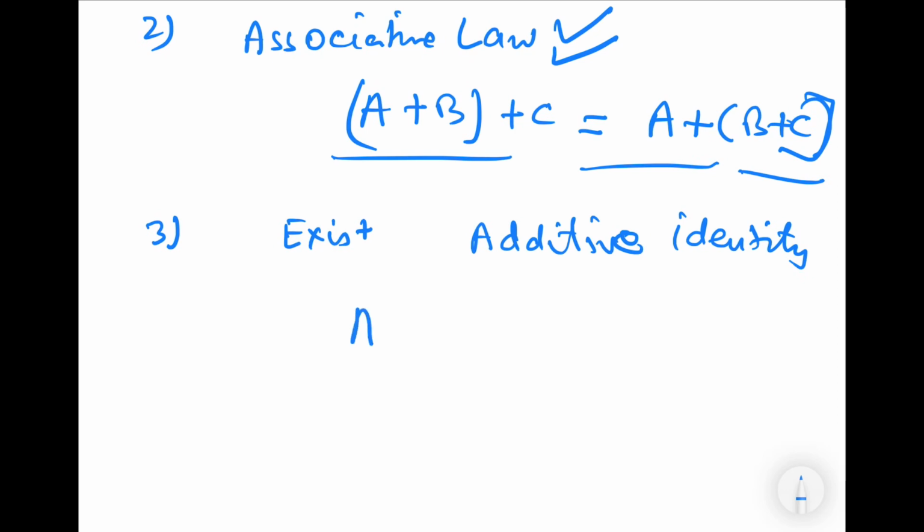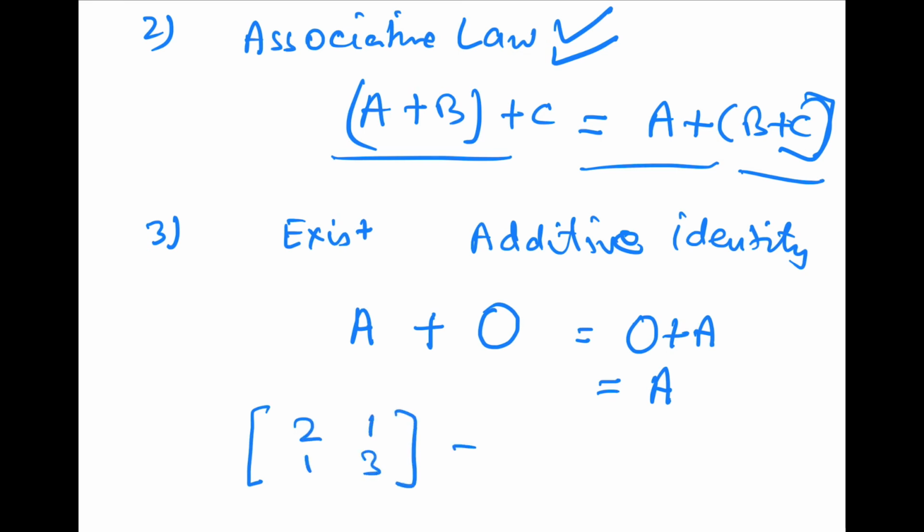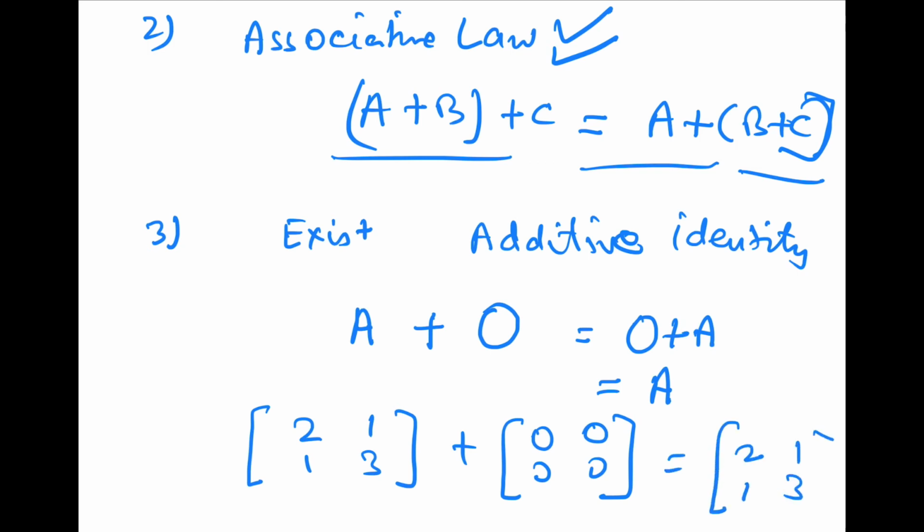See, if there is matrix A and there is another matrix, 0 matrix, with every element as 0, then A plus 0 will be 0 plus A, and that will be A itself. See, if 2 1 1 3 plus 0 0 0 0, this is 0 matrix, then we get 2 1 1 3. This is A, A plus 0 as A.